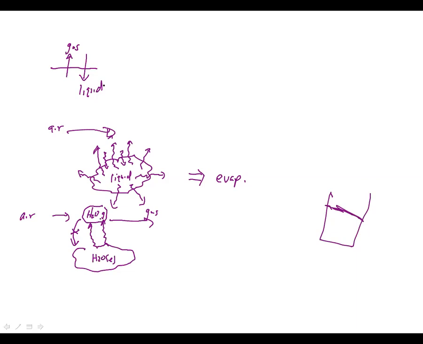And in an open air area, the air pushes away those molecules and doesn't allow them to come back into the liquid portion. So you get that greater rate of evaporation until eventually that puddle evaporates away.